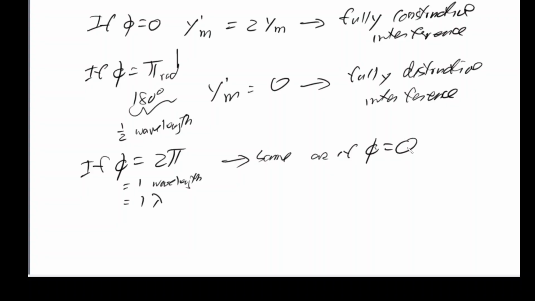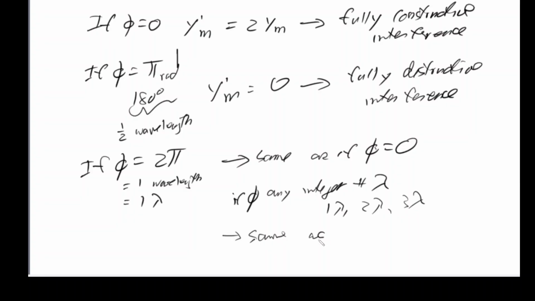So in other words, if phi is any integer number of wavelengths, one wavelength, two wavelengths, three wavelengths, then that's the same as if phi is equal to 0.